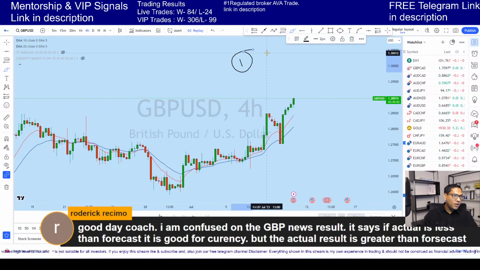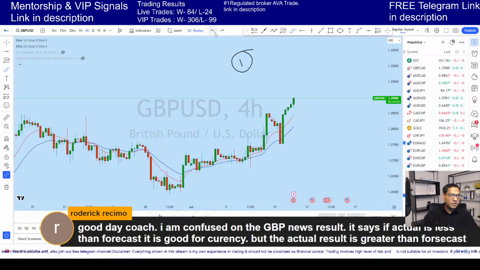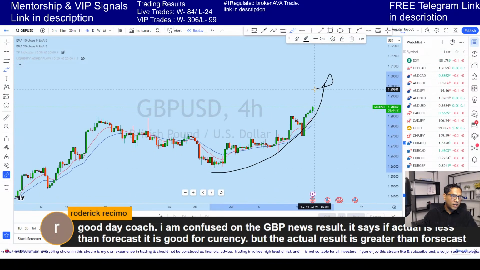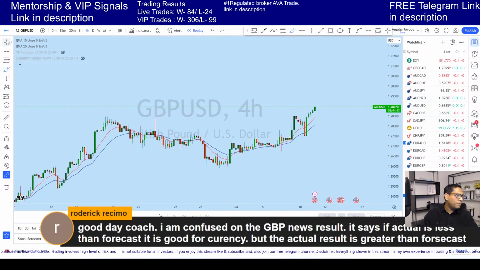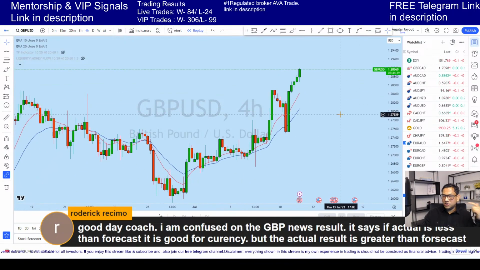Number one is the market structure, the trend, which way GBP USD is heading. Without any question, this is an uptrending market structure, creating a series of higher highs and higher lows, right? Which is a long-term bullish market structure. So we see that the market structure is bullish.